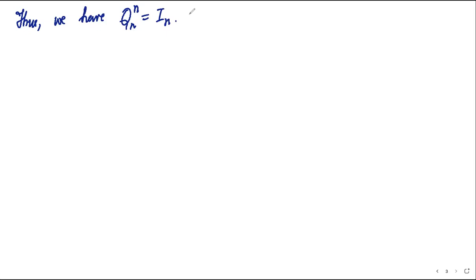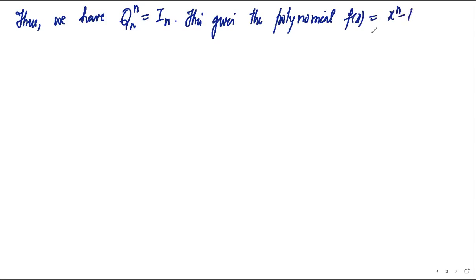Now from this equation, this gives the polynomial f of x is equal to x power n minus 1 is the minimal polynomial of Qn.